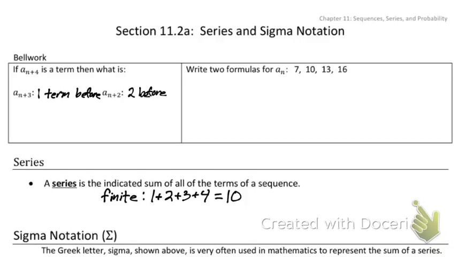It has an end. We also have infinite series. This could start out the same way and look almost identical, except we aren't going to stop. We're going to go dot, dot, dot. And it's going to keep going on forever, infinitely, if you will. To infinity and beyond.